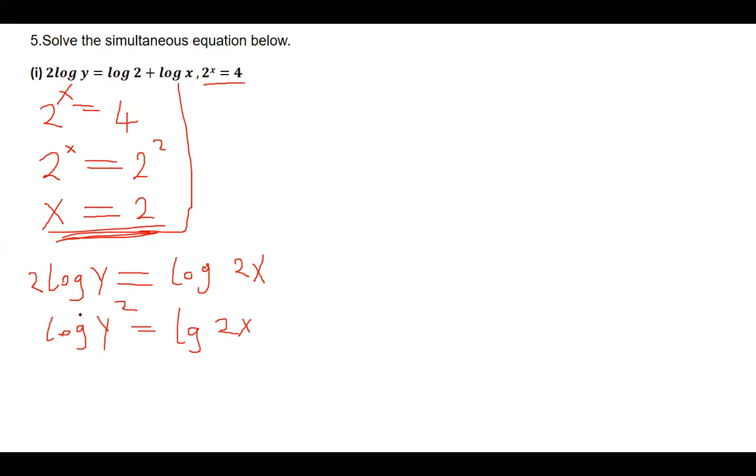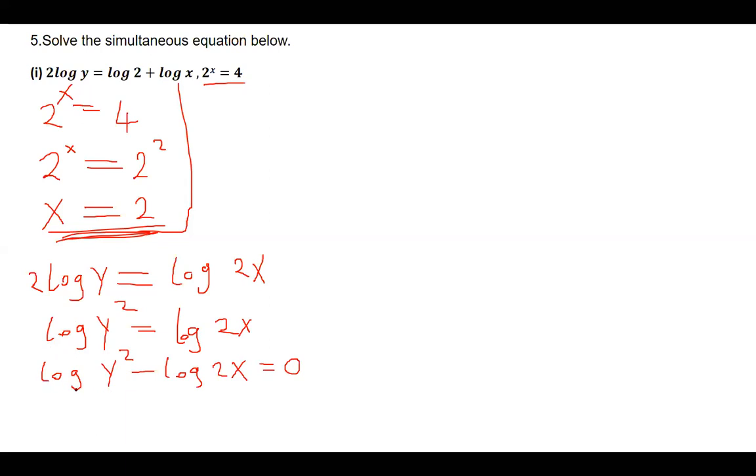Here there are some people who say that these logs can cancel, but that's not the case. Yeah, if you want, you can say they can cancel, but it's not the case. You just need to show the correct steps. So what you do is you take this log 2x to the other side of the logarithm here. So you're going to have log y squared minus log 2x is equal to 0.